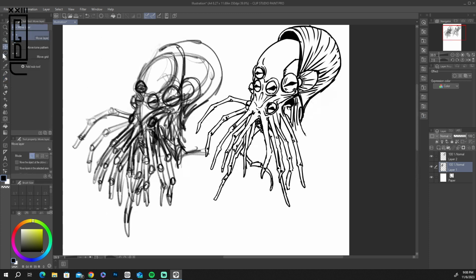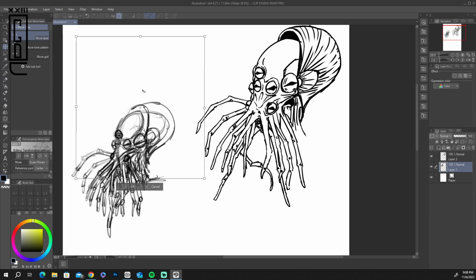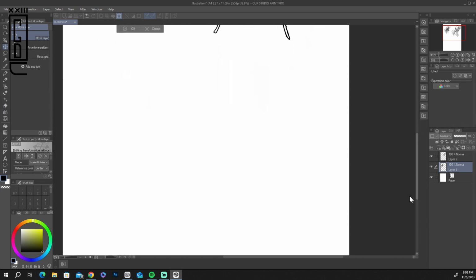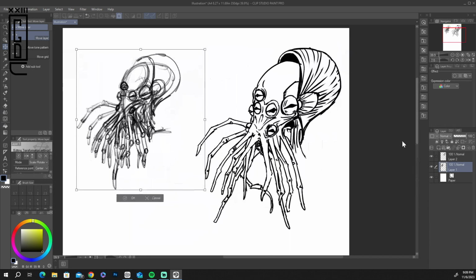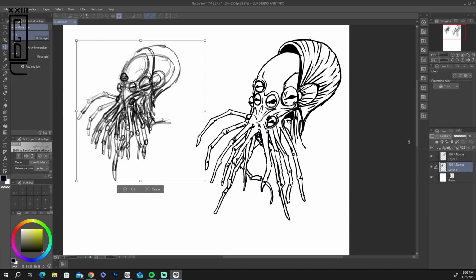Rest of the body. How are we going to design the anatomy of this guy? Let me check again. References.